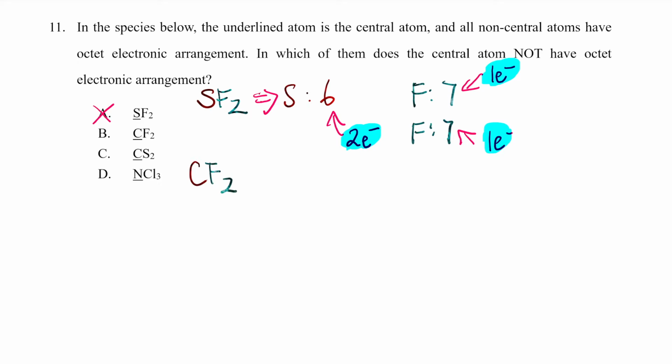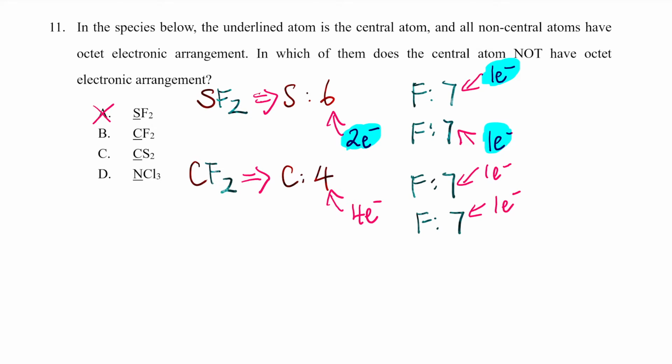You can notice that this method helps you save a lot of time. Carbon has 4 outermost shell electrons. Now how can I make it stable? By adding 4 more electrons. Fluorine, you know there are 7, because there are 2 fluorine atoms, I'm going to write 7 outermost shell electrons. How can I make it stable? By adding 1 more electron.